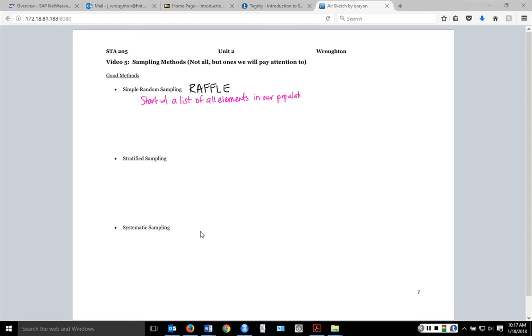So it's kind of where everyone has a ticket in our bin, right? We have a list of all elements in our population. I'm randomly going to select n of them. I'm just going to use n to represent our sample size here. So I might randomly sample 10 people, 100 people. I can just choose that number. These are your sample.